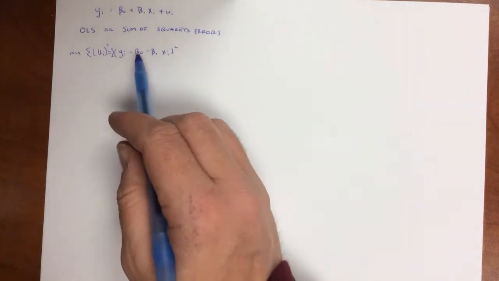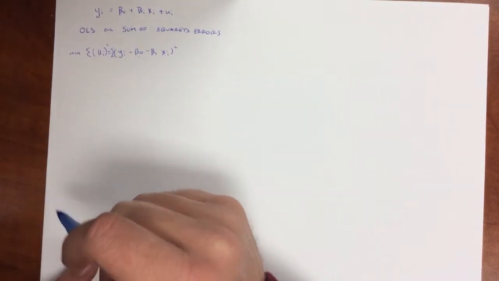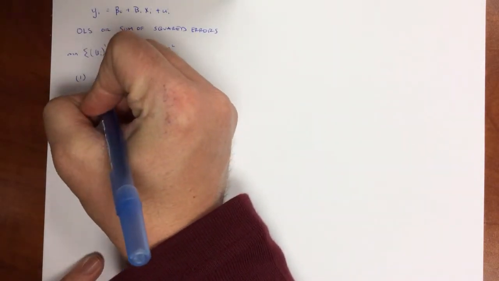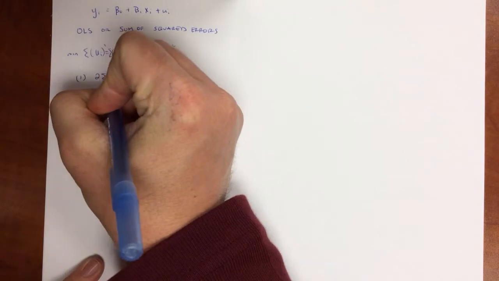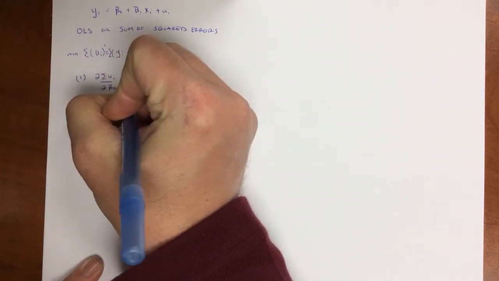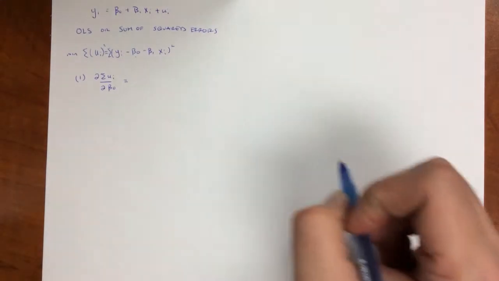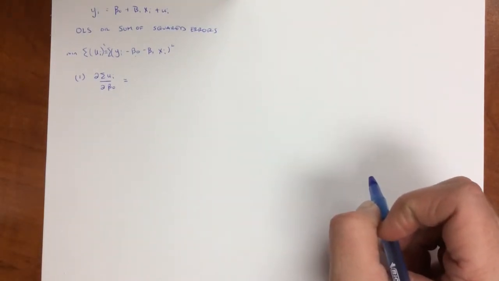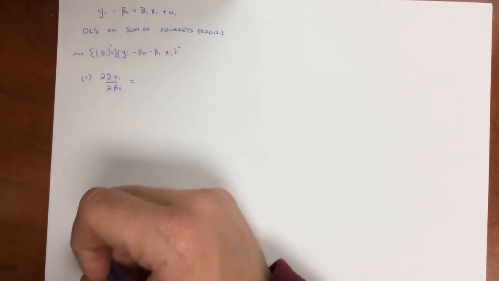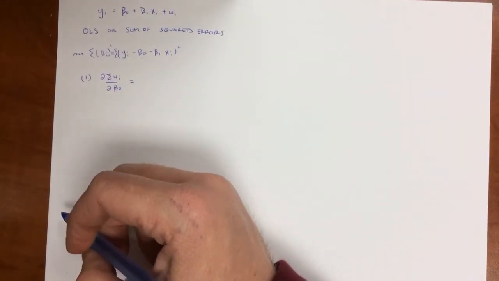Here we want to choose beta naught and beta 1, so those are the variables that we get to choose. Our first order condition is to take the partial derivative of the sum of squared errors with respect to beta naught. This requires the chain rule, which we actually didn't use in class.